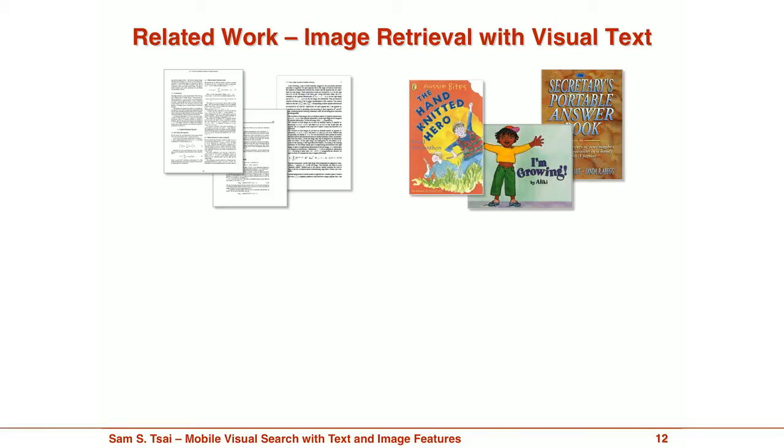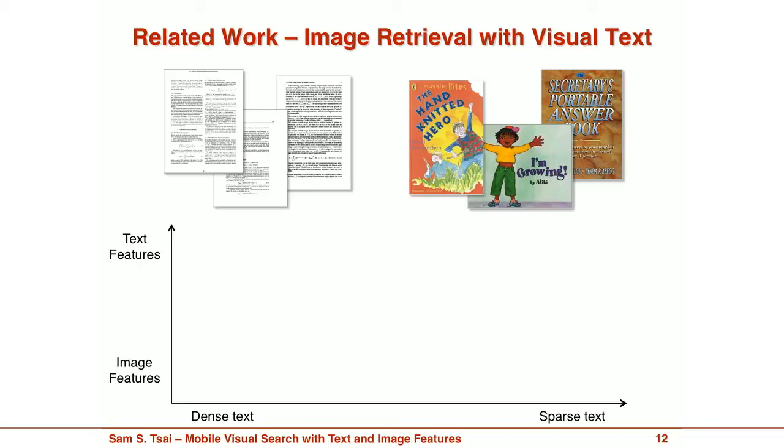If we look at the type of images these algorithms are dealing with, we can classify them based on whether they are dealing with dense text or sparse text images. We can also classify algorithms based on how well they know the text they are dealing with. At the lowest level are image features, where they are agnostic of whether there's text within the scene.